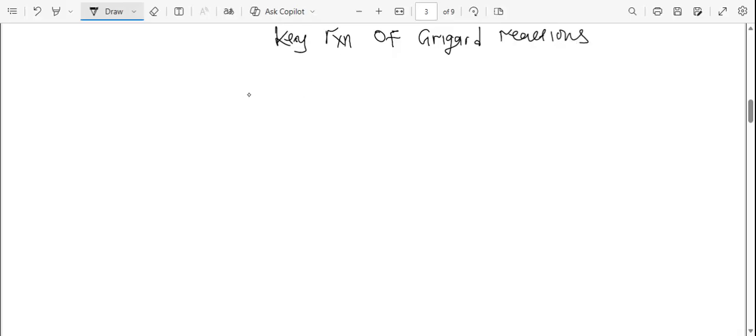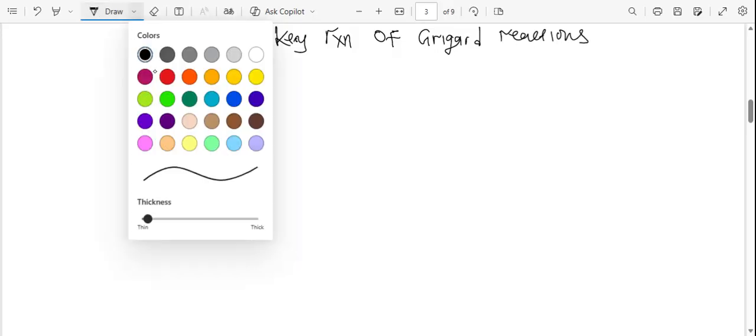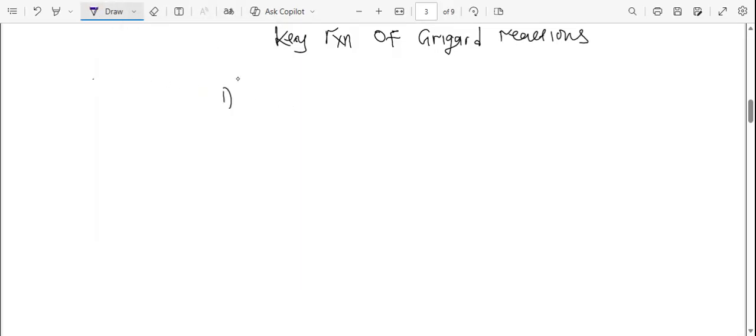Okay, so these are the key reactions. So the first key reaction that we have is that these Grignard reagents react with epoxide. So they react with epoxide.